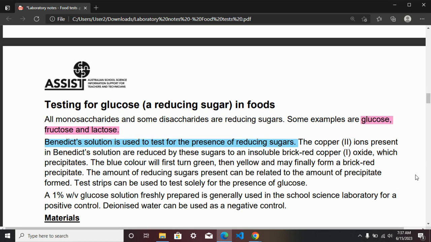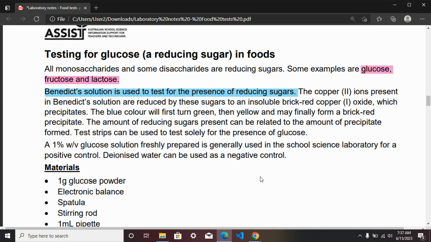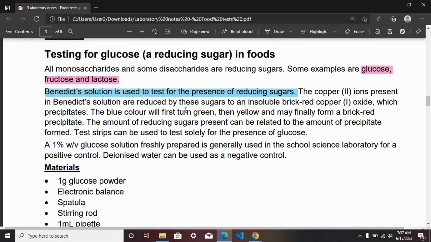The copper(II) ions present in Benedict's solution are reduced by these sugars to an insoluble brick red copper(I) oxide, which precipitates. These are the observations: the blue color will first turn green, then yellow, and may finally form a brick red precipitate.